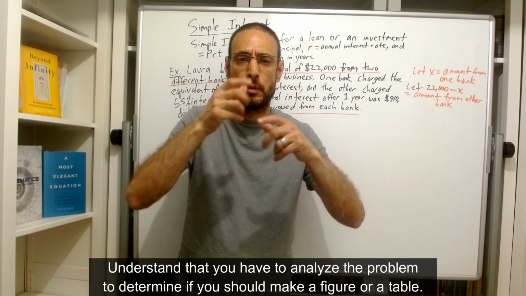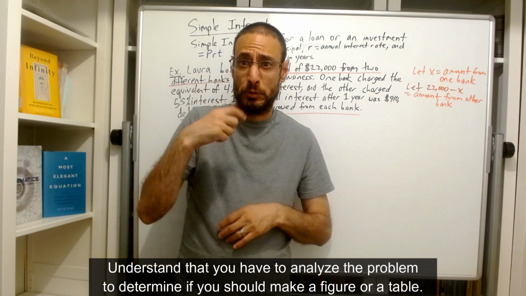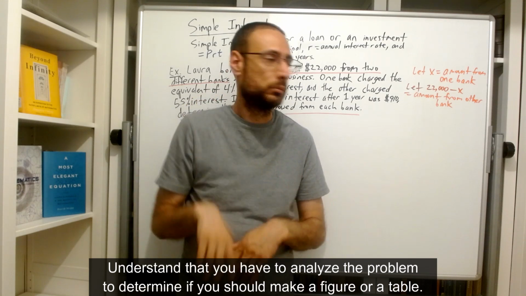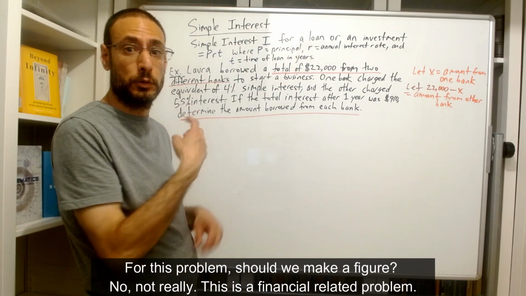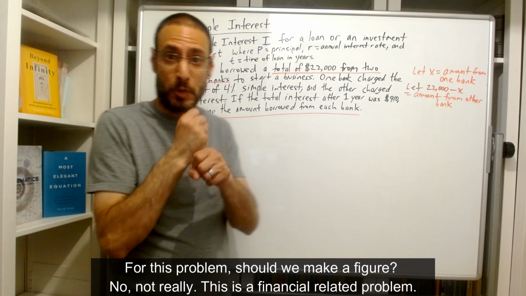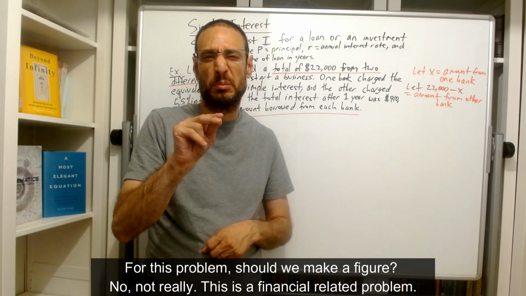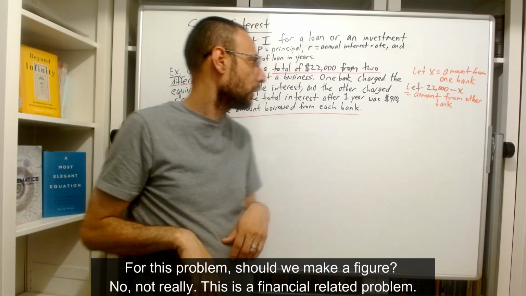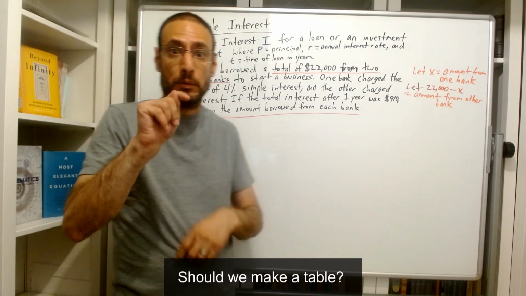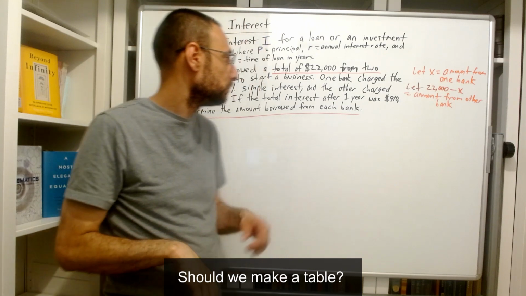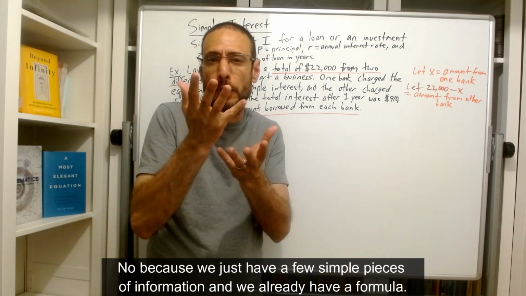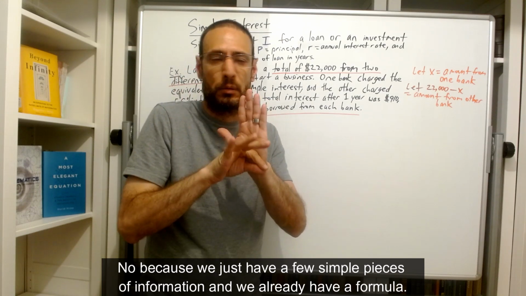Understand that you have to analyze the problem to determine if you should make a figure or a table. For this problem, should we make a figure? No, not really. This is a financial-related problem. Should we make a table? No, because we just have a few simple pieces of information and we already have a formula.